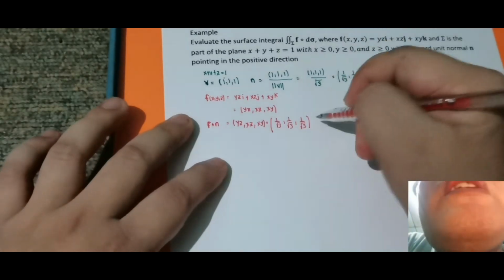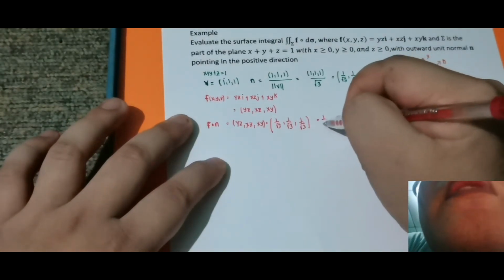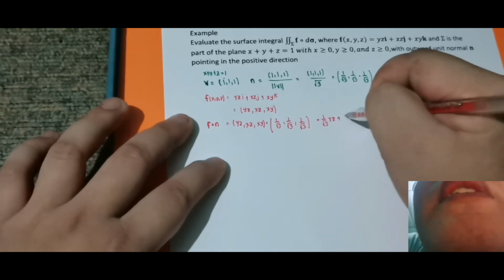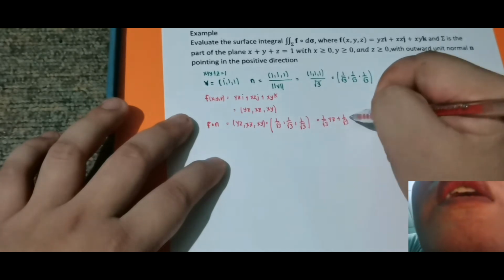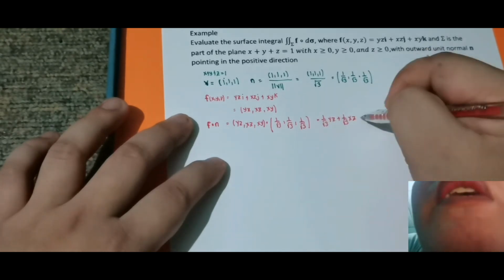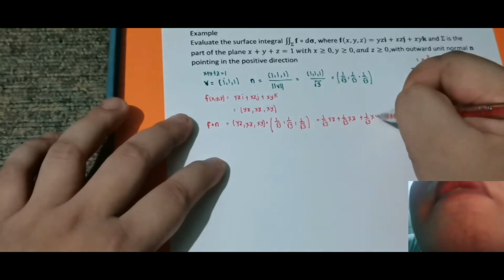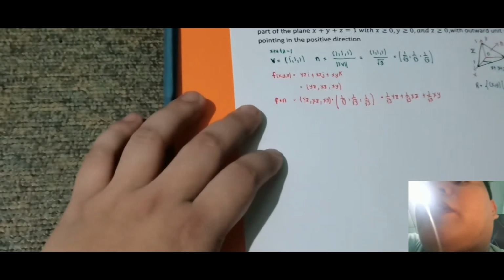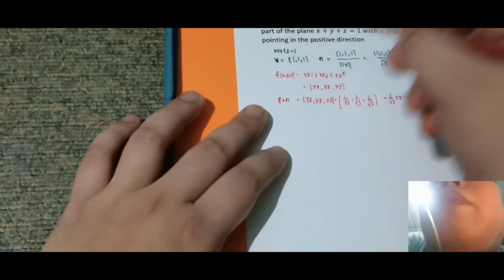So this is just equal lang naman sa 1 over square root of 3 yz plus 1 over square root of 3 xz plus 1 over square root of 3 xy. Pwede ko pa siyang i-factor out.